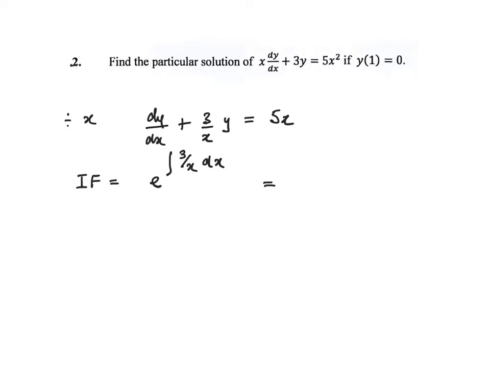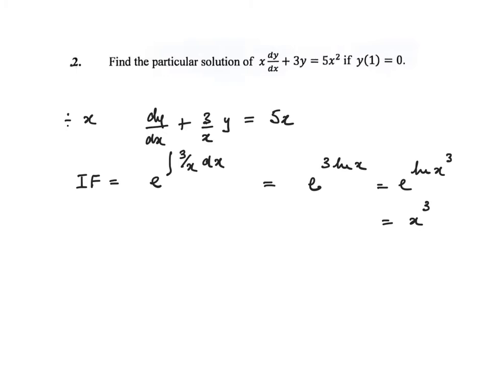And that is e to the power of, well, the integral of 3 over x is 3 natural log of x, which equals e to the natural log of x cubed, and e to the power of log cancels, and that just gives us x cubed. So the integrating factor is x cubed.